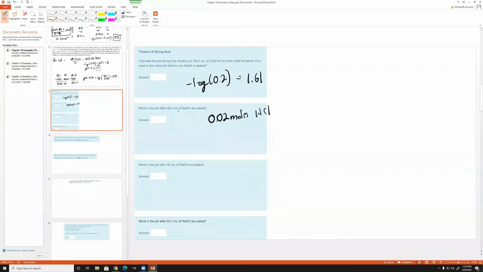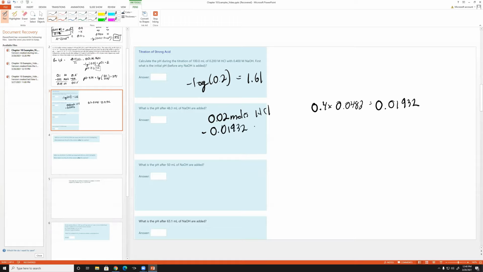Now the NaOH is 0.4 molar. So first we're adding 48.3 mL of that. So it'll be 0.4 times 0.0483, which equals 0.01932. Okay, so then from the original acid, we can subtract the base that is added because that is the amount that is going to be neutralized of the acid.